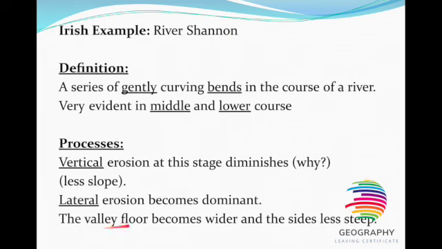The valley floor then, as a result of the lateral side-to-side erosion, becomes wider and the sides become less steep. Okay? Whereas in the upper course we had V shapes, now we have a wider shape with less steep sides.